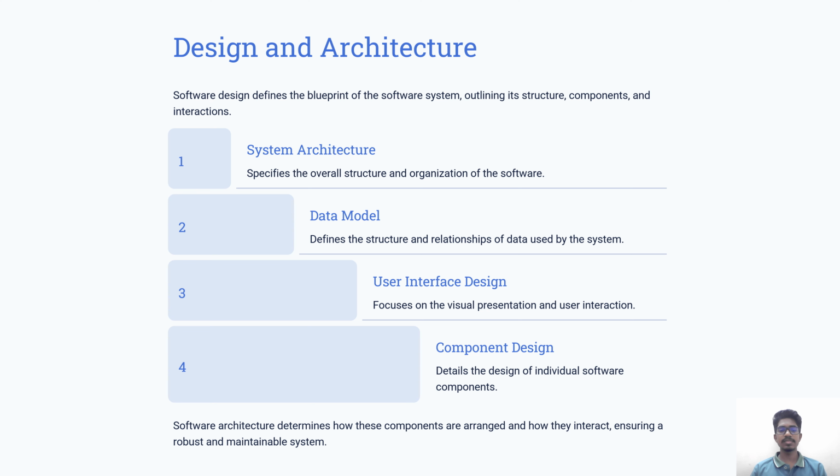User interface design focuses on the visual presentation and user interaction. The component design details the design of individual software components. The software architecture determines how these components are arranged and how they interact, ensuring a robust and maintainable system.